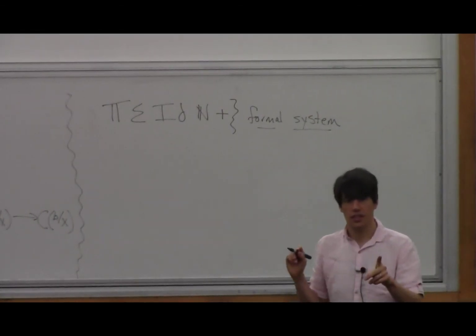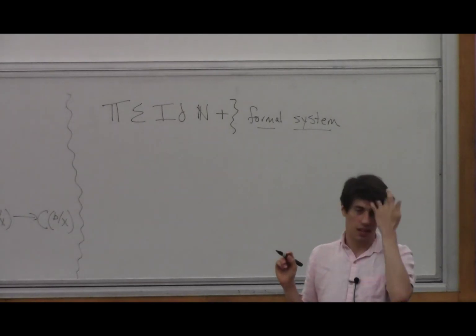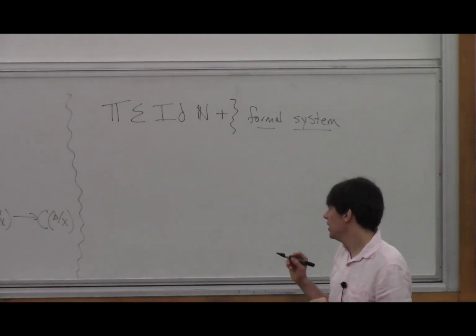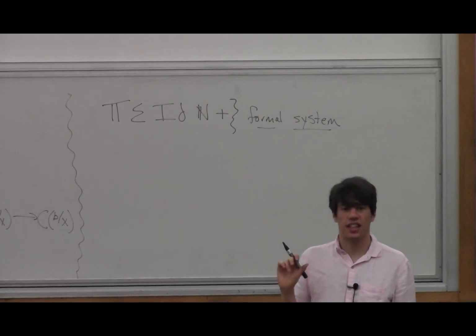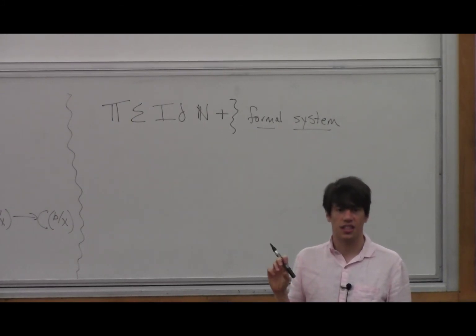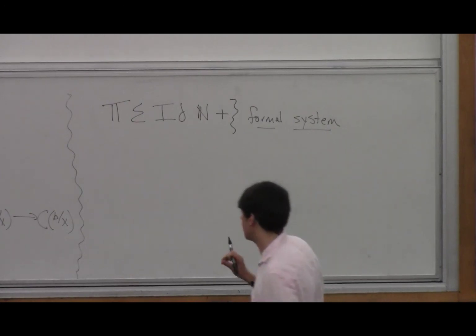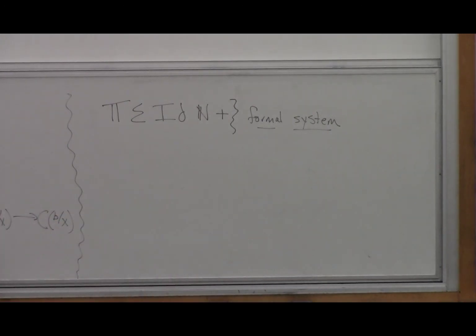Yeah, let's save details of transport for the hands-on session. Yeah. So it's really the elimination rule. It's a kind of function-y way of writing the elim rule for this type, but we'll have to do a few examples.